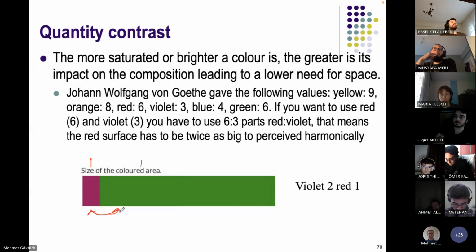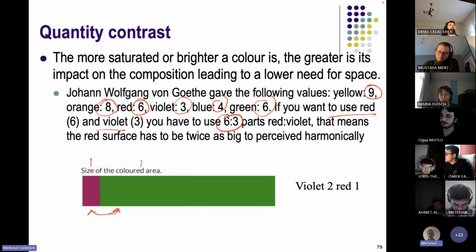For example, yellow 9, orange 8, red 6, violet 3, blue 4, green 6. So when you want to use red and violet together, we need to use a 6:3 ratio in terms of area in order to provide the same kind of recognition. Otherwise, one color will be dominant in the interface, in the picture, whatever you design.